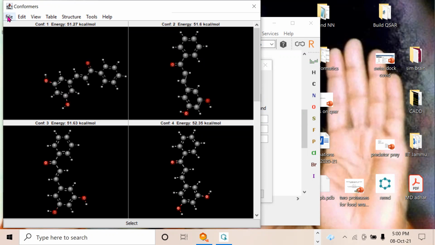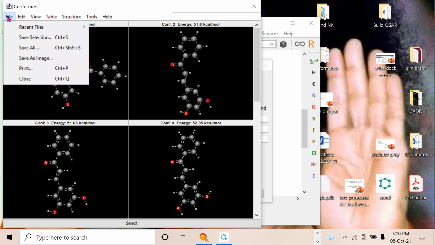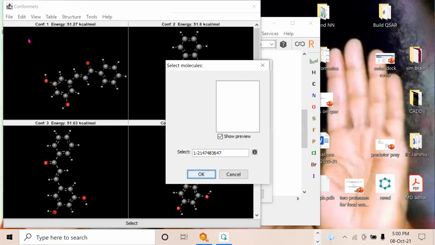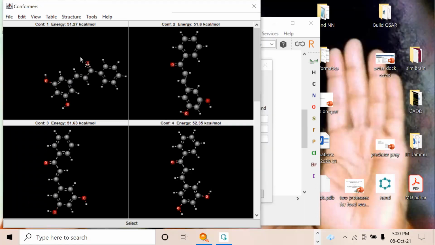I can copy this, file, save as or save selection. So many things are there. We can save it. And then if I am doing docking or pharmacophore modeling, because pharmacophore superimposes many structures, right?